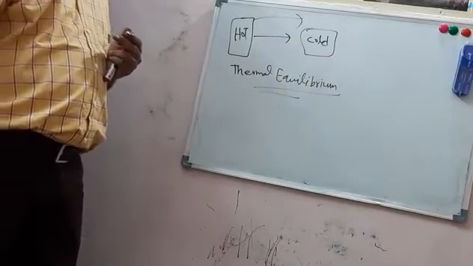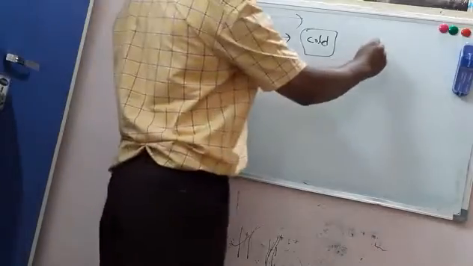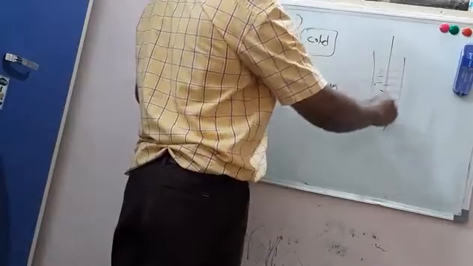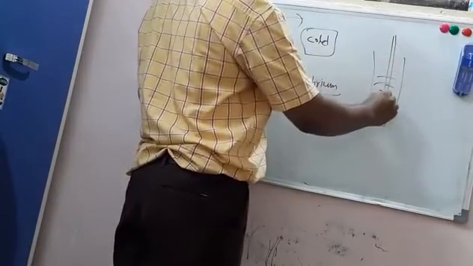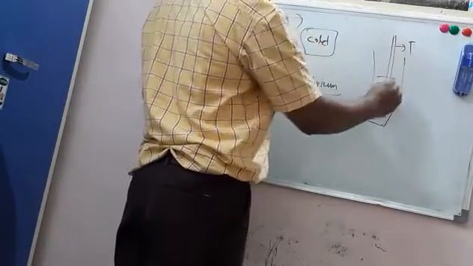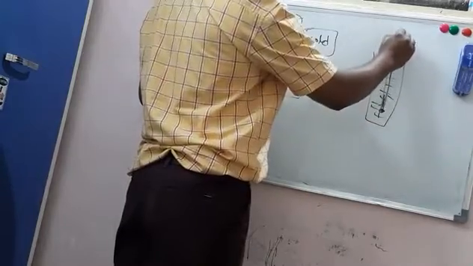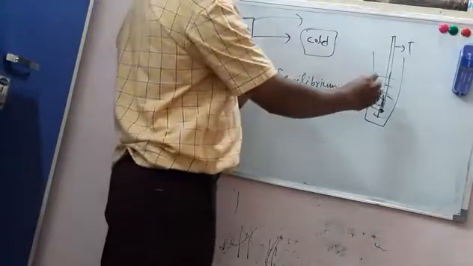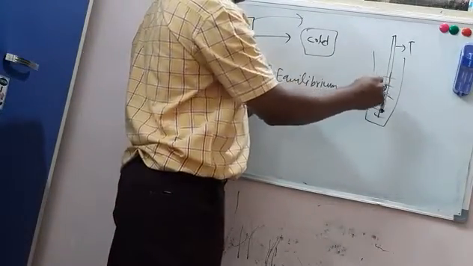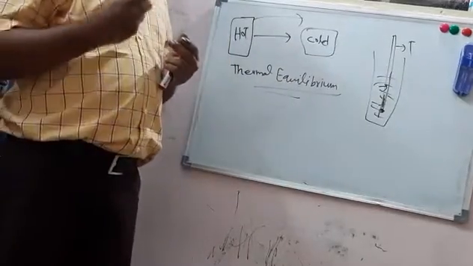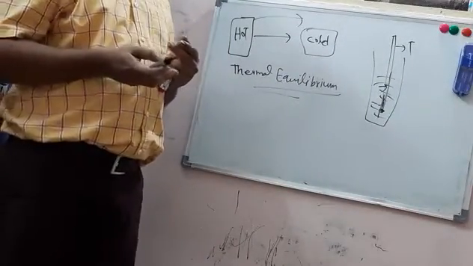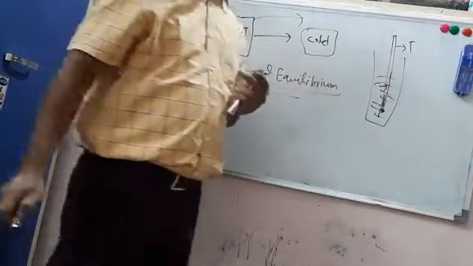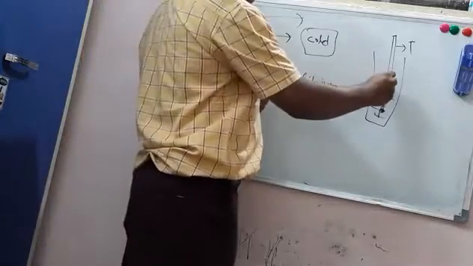So that is why we use thermometers. Suppose your substance is very hot and you put a thermometer inside the substance. Heat continuously flows from the hot substance to the thermometer until thermal equilibrium takes place, so the thermometer reading continuously rises.